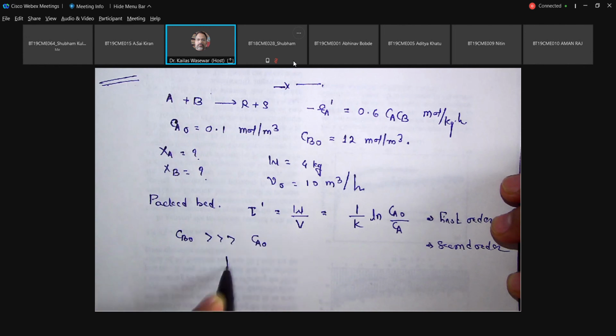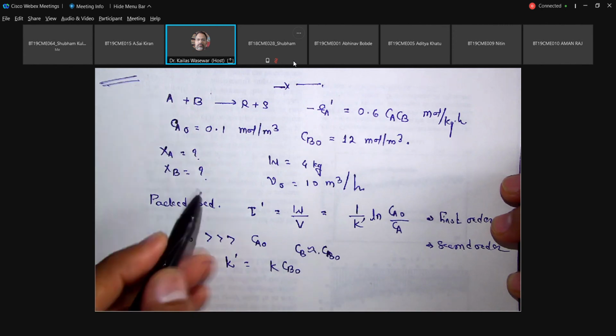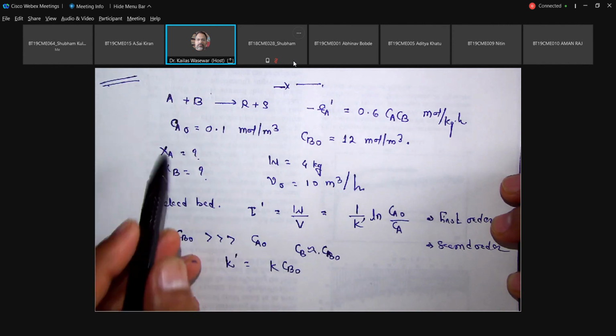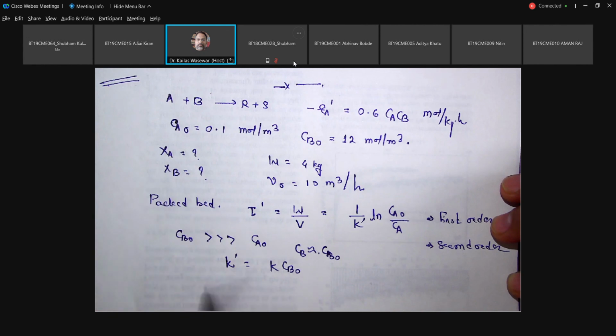So we can say that CB will be equal to CB0, because A is the limiting reactant and very small as compared to B. So by assuming a first order reaction, K prime equals K CB0, you can use this equation and get the value. So do this calculation.